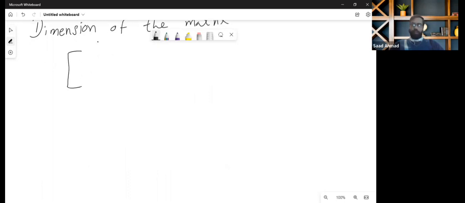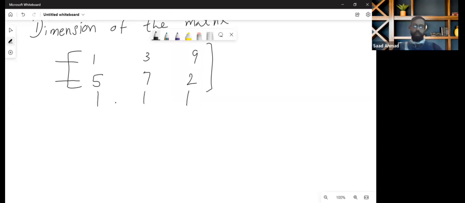Let's say I have something like 1, 3, 5, 7, 9, 2. If I want to know its dimension, I need to know how many rows it has. So this one has 2 rows and 3 columns.